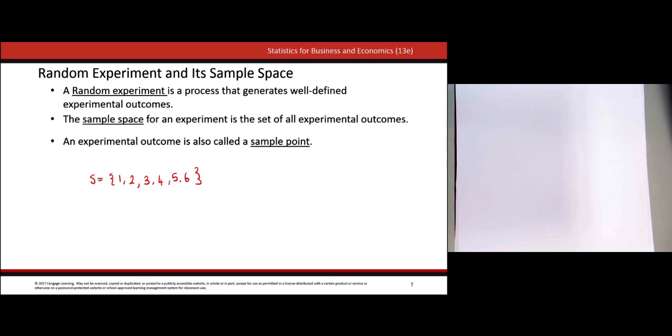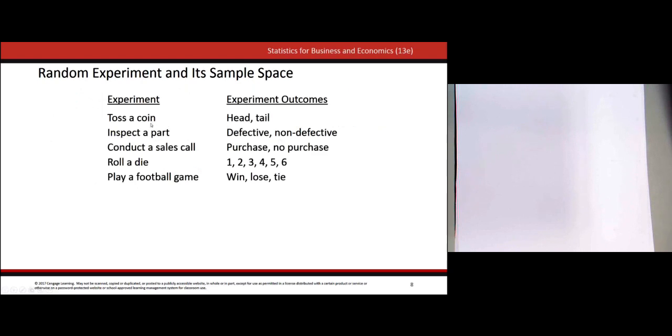An experimental outcome is also called a sample point. In the sample space, you have to list all possible outcomes for that experiment. For example, if you toss a coin, the sample space is head, tail. It's either head or tail.